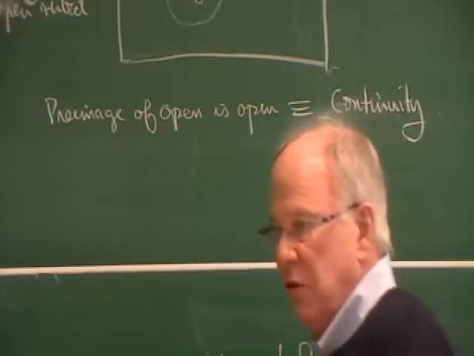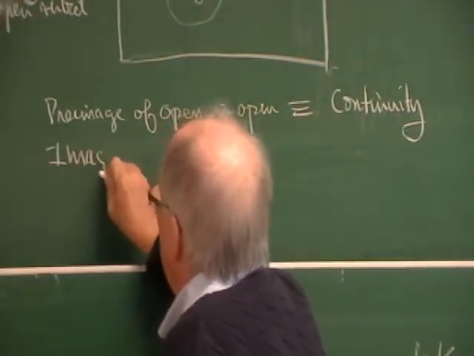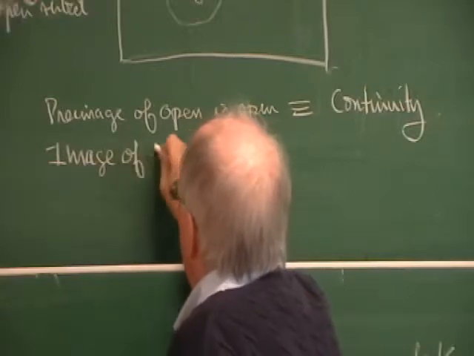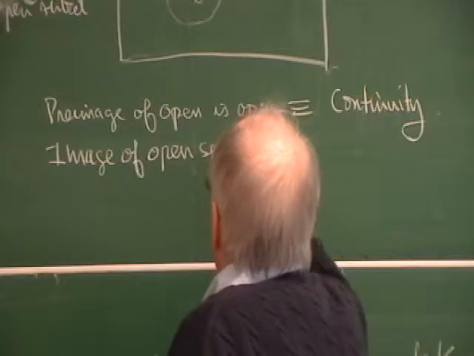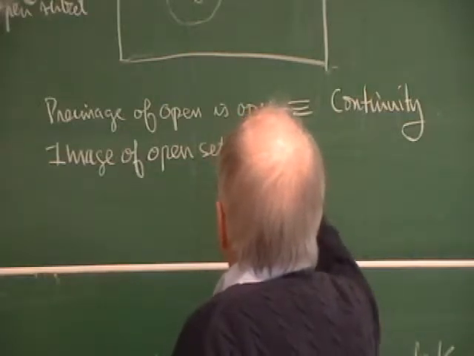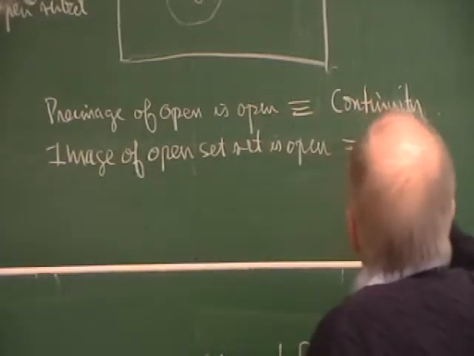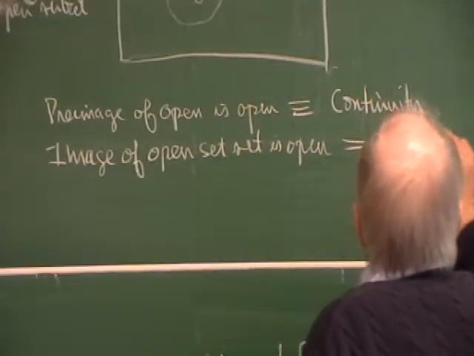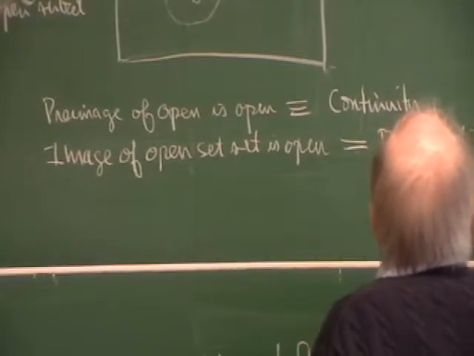Pre-image of open set is open. Image of open set is open. This is a big condition. And we say in this case that the mapping is an open mapping.